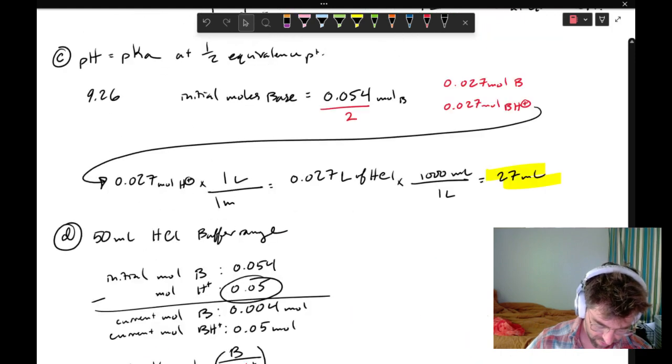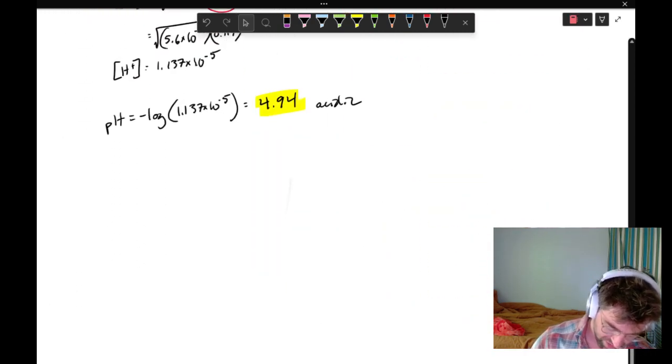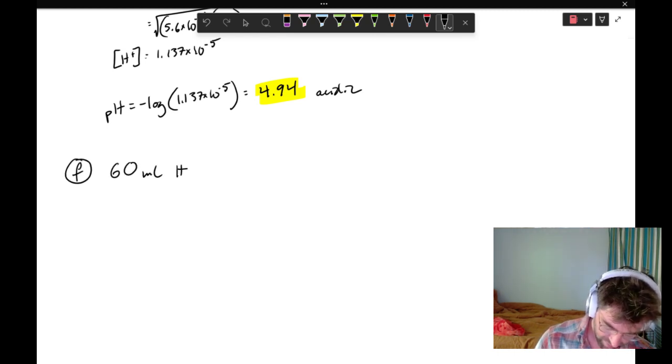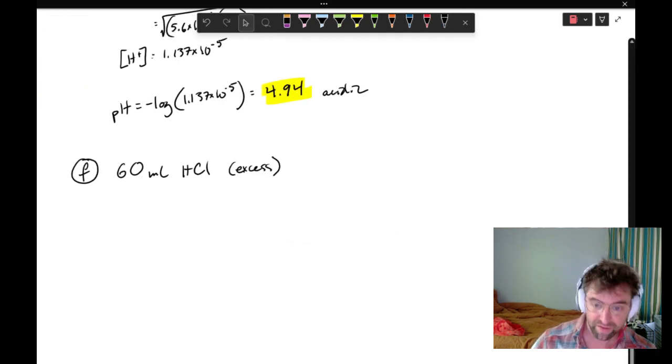All right, what's our last one here? What is the pH after 60 milliliters of acid is added? So now we're dealing with an excess. Same problem we did before with the weak acid and strong base calculation.